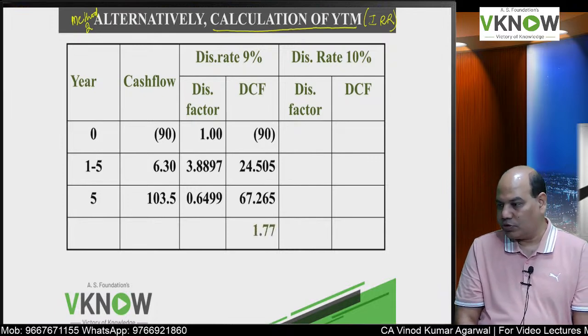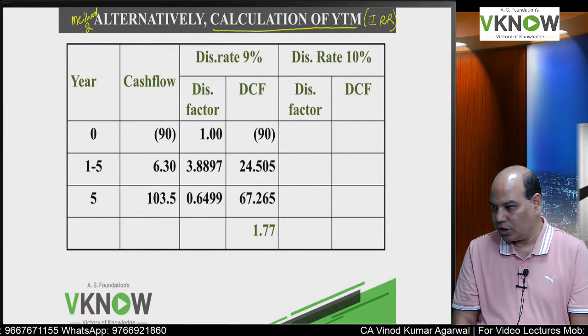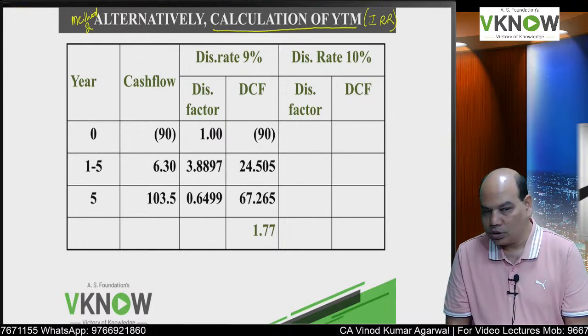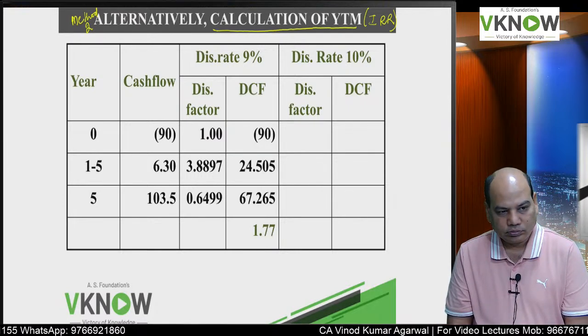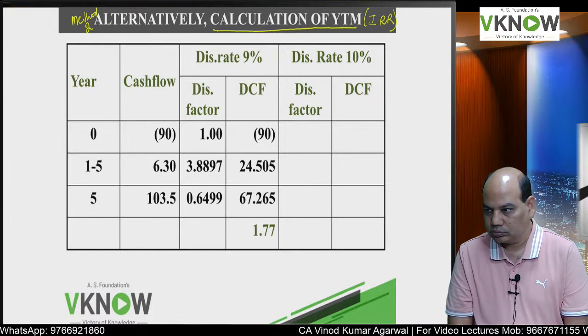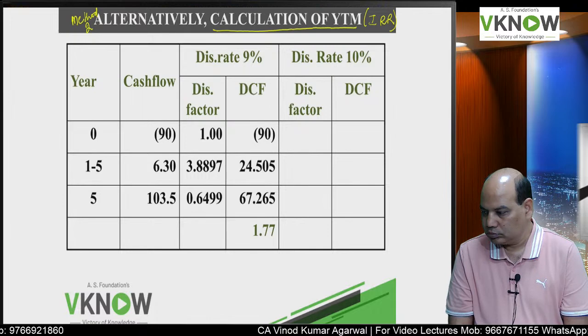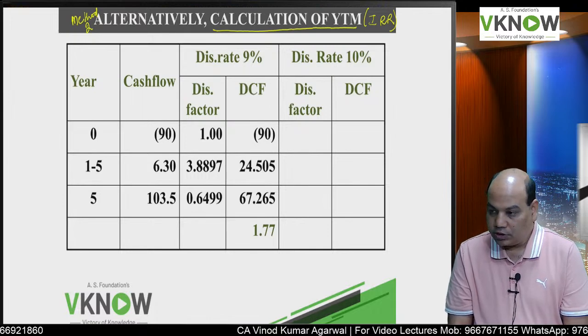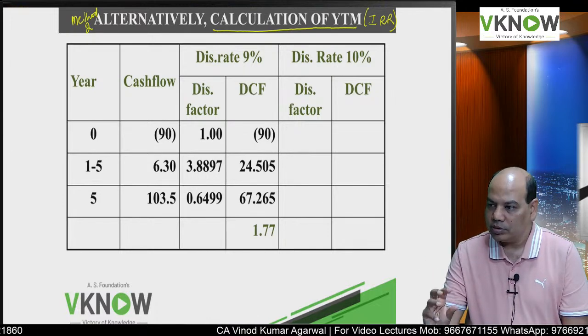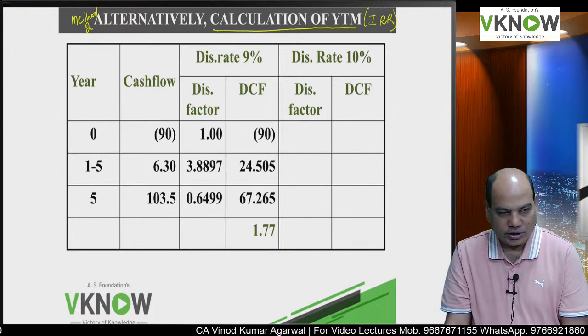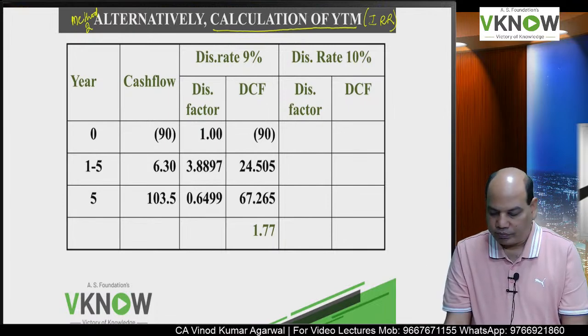It comes to 1.77. Check. Right? Then is it positive or negative? Positive. Now increase the rate to 10%. Take 10%.